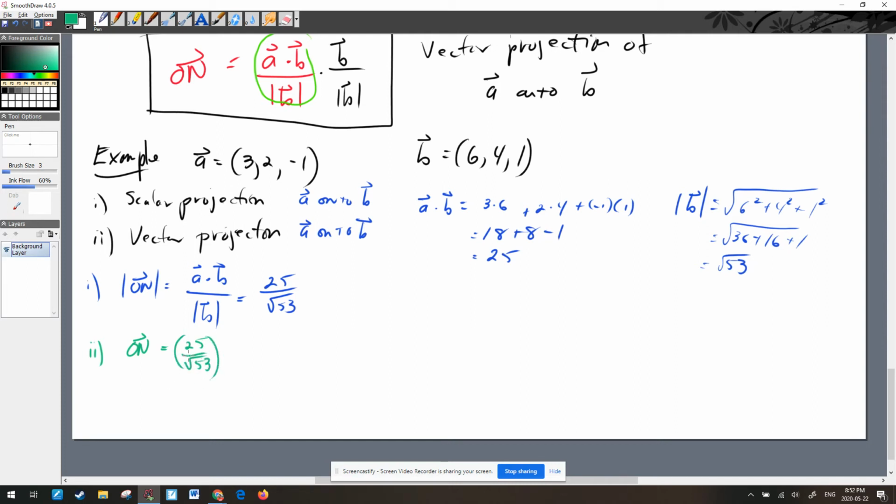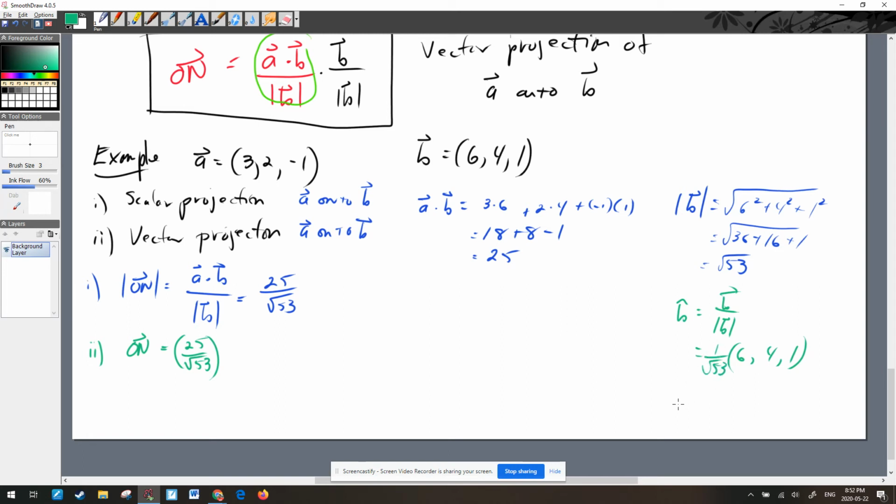But then we have to multiply it with the unit vector in the same direction as B. So I really want B hat. Well, B hat is just B divided by the magnitude of B. Well, B is 6, 4, 1, and times 1 over the root of 53.